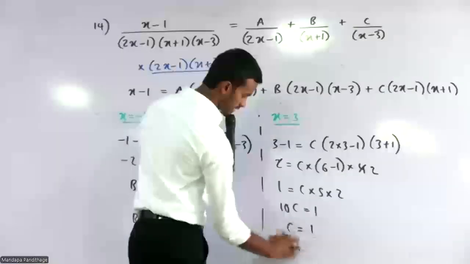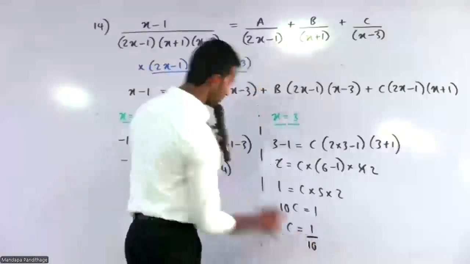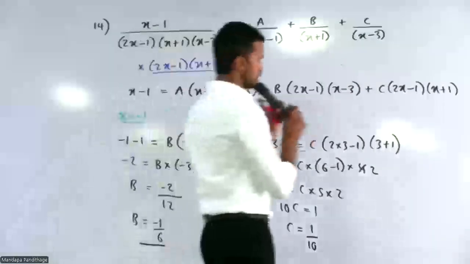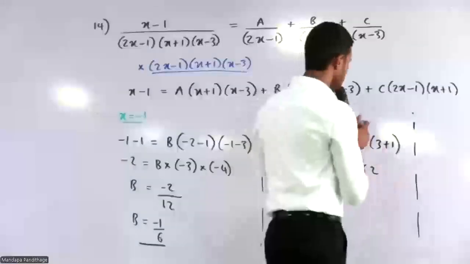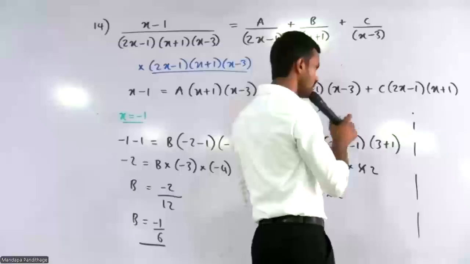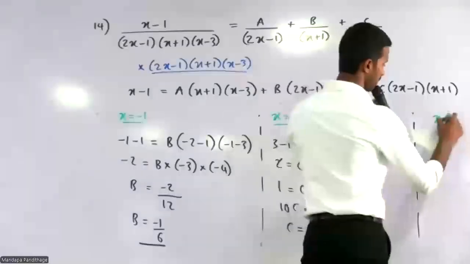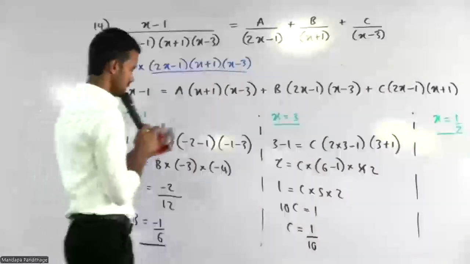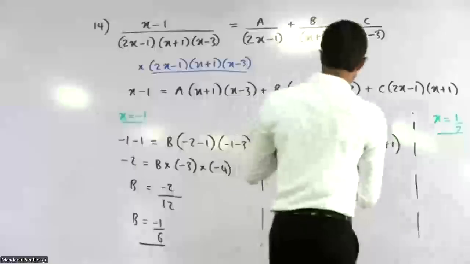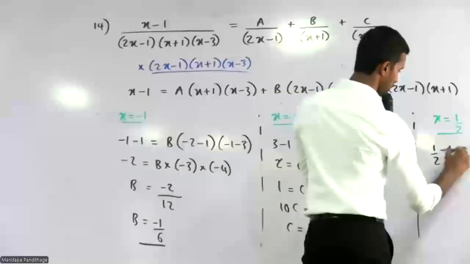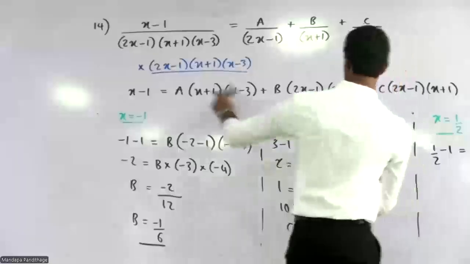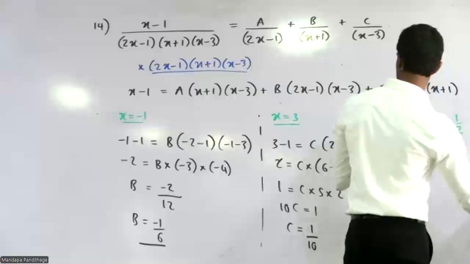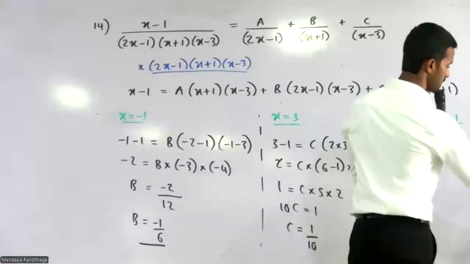Okay, the last one is a fractional one. Substitute x equals half. When you put x equals half, this becomes 0, this becomes 0, and these two will be only here. Half minus 1 is equal to A into (half plus 1) into (half minus 3). Clear?